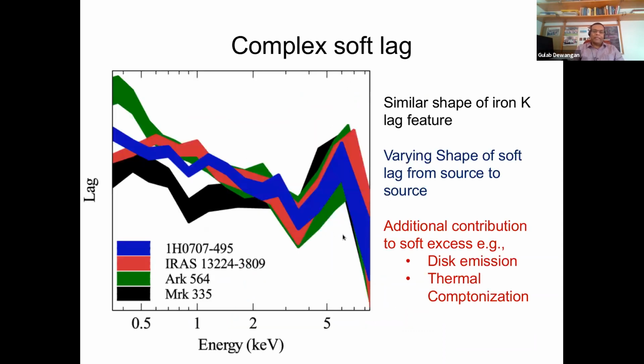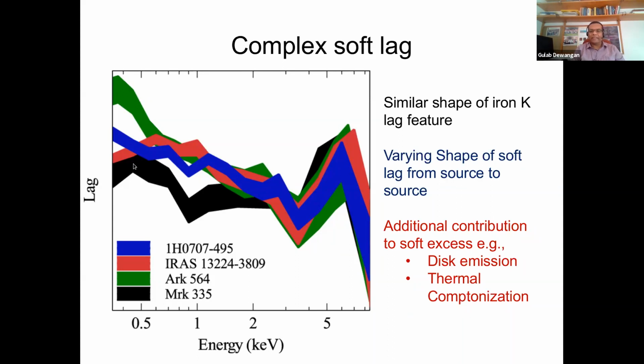When you look at this lag energy spectrum, here is a comparison for four different AGNs. In the iron K band, the profile is very similar, and that is what you expect. But when you go to the soft X-ray band, there is a varying shape. The shape of this lag energy spectrum varies quite a lot in the soft X-ray band.